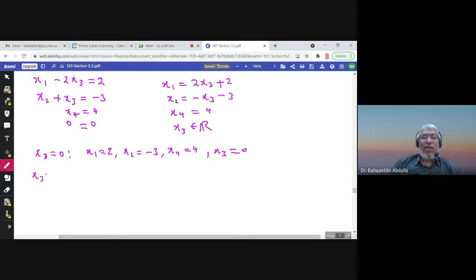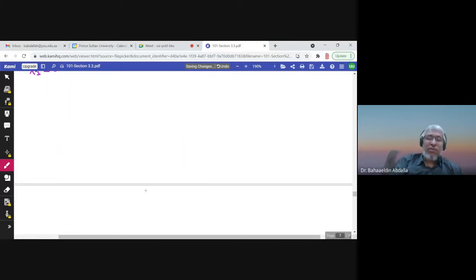If x3 is 1, you can find another solution. If x3 is 2, you can find another solution. So there are infinitely many solutions. If x3 is 1, 2 times 1 plus 2, x1 would be 4, x2 would be negative 1 minus 3, which is negative 4, x4 is always 4, and x3 in this case is 1, and so on.